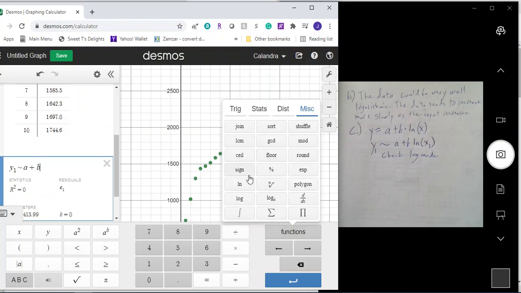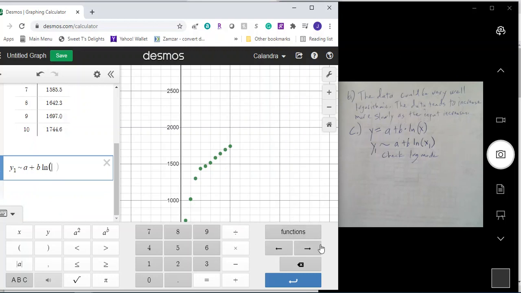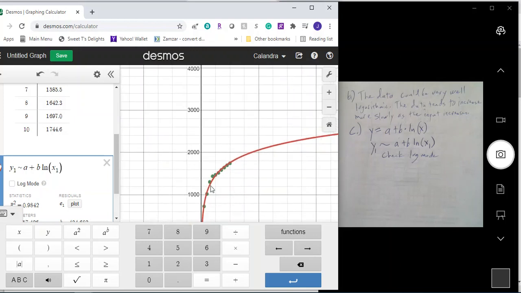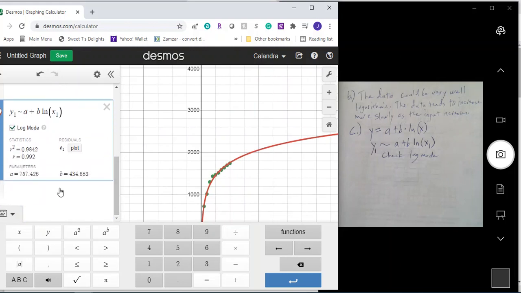You go to miscellaneous, hit natural log, then x1, and close out your parenthesis. Now as you see here, the line is drawn. This is the line of best fit. We have to click the log mode, and then now we can write our equation.